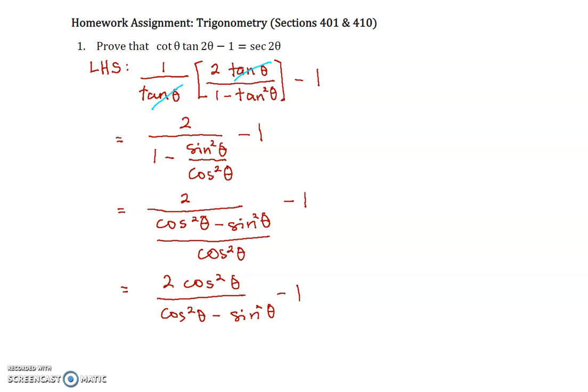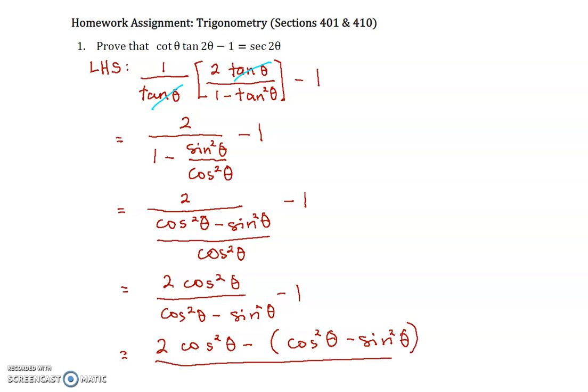So we make this a common denominator. I'm going to multiply that with 1, so I have this, sine squared theta, and I combine everything. So I have the cos squared theta minus sine squared theta. I'm continuing over here, not enough space.